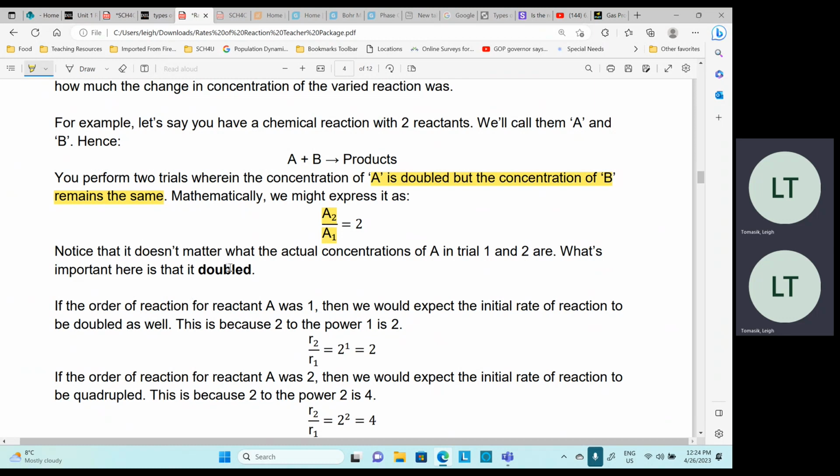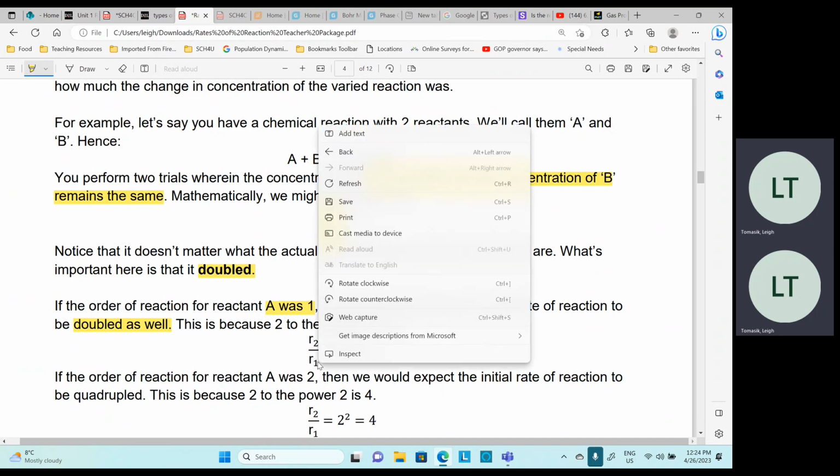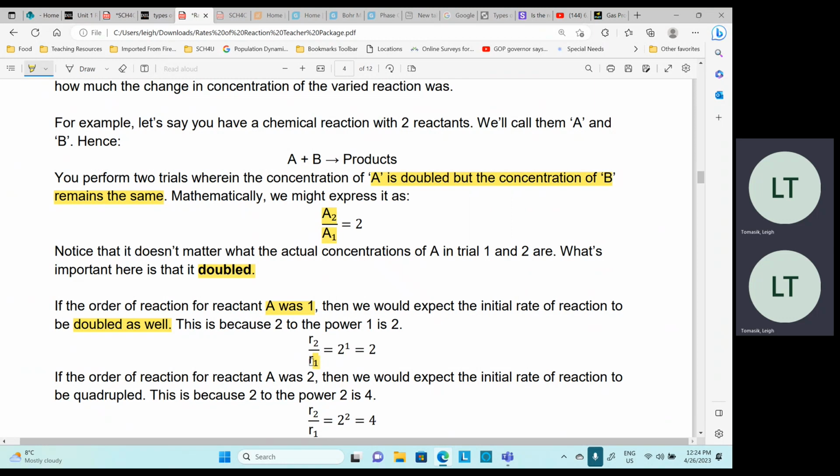Notice it doesn't matter what the actual concentrations of A in trial 1 and 2 are. What's important here is that we double. If the order of the reaction for A is 1, then we would expect the initial rate of reaction to be doubled as well. So if the difference between your concentrations is 2, and the difference between your rates is 2, we know there is a 1-to-1 relationship.